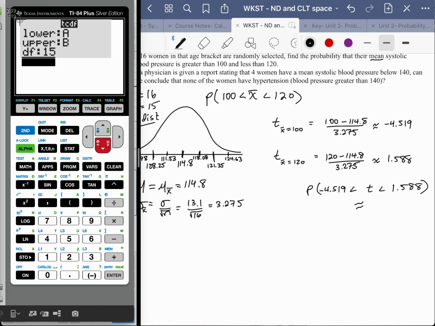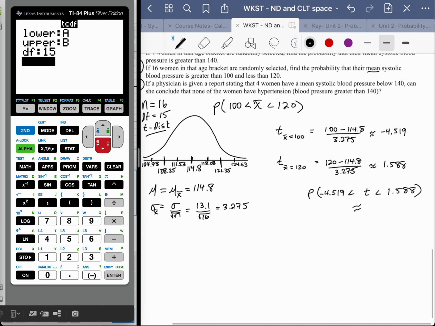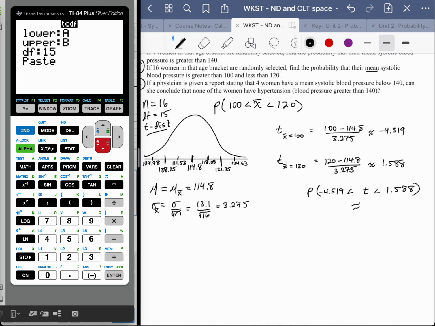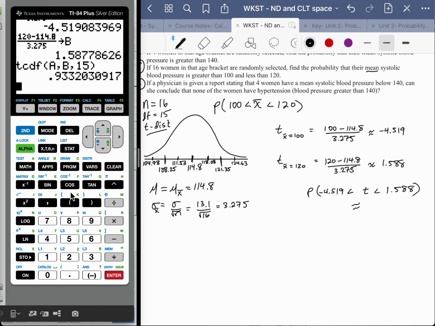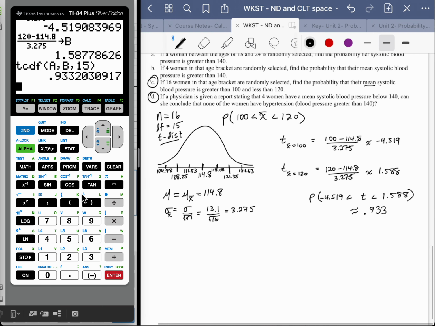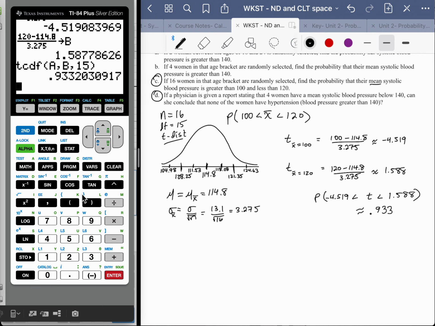Because degrees of freedom is n minus 1, and we have a sample size of 16 in this case. 16 women selected at random. So enter, about 0.933. So that's part C.